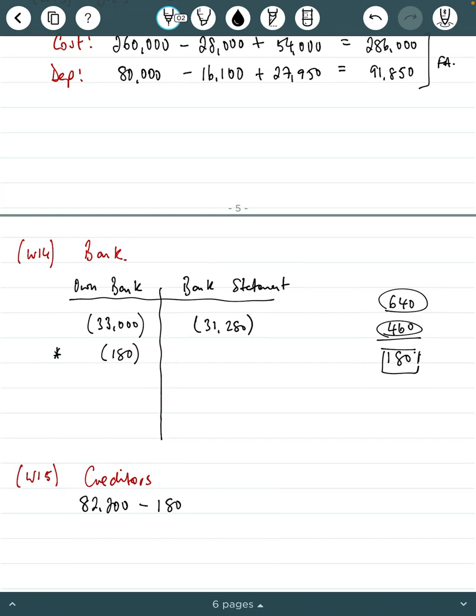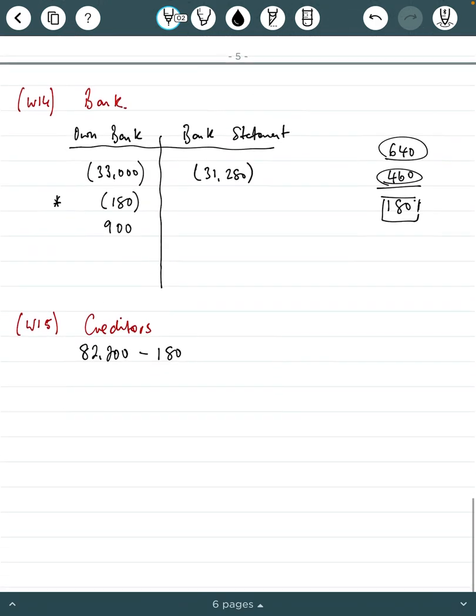Now it says a credit transfer of 900 had been paid directly into our firm's bank account. So we received 900 into our bank account on behalf of a debtor who was recently declared bankrupt, and this represents a first and final payment of 30 cents in the euro. So what we have here, lads, again, is a bad debt.